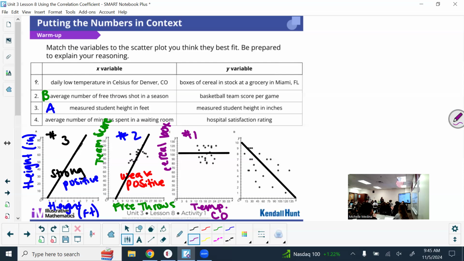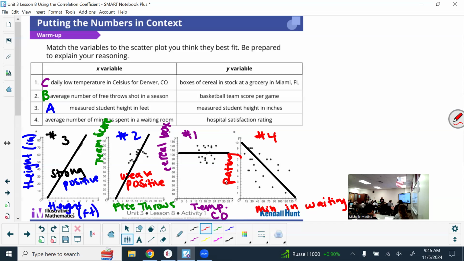So then by process of elimination, D goes with number 4. And that's the one that says the average number of minutes spent in the waiting room and the hospital satisfaction rating. Do you think that the longer you spend in the waiting room, the worse they would rate the hospital?